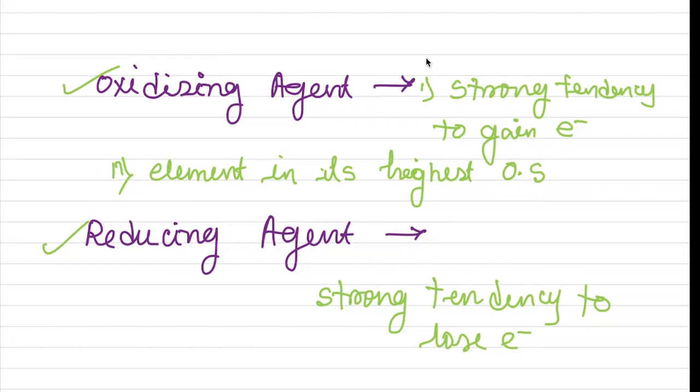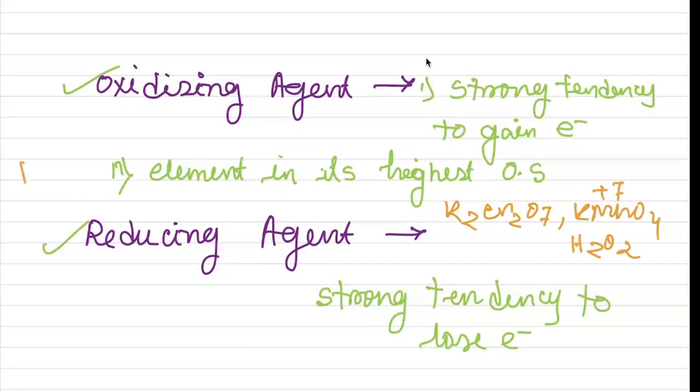Very strong oxidizing agents are like K2Cr2O7, then KMnO4, where manganese is in +7 oxidation state, then H2O2. So these are very strong oxidizing agents, whereas a reducing agent has a strong tendency to lose electrons.